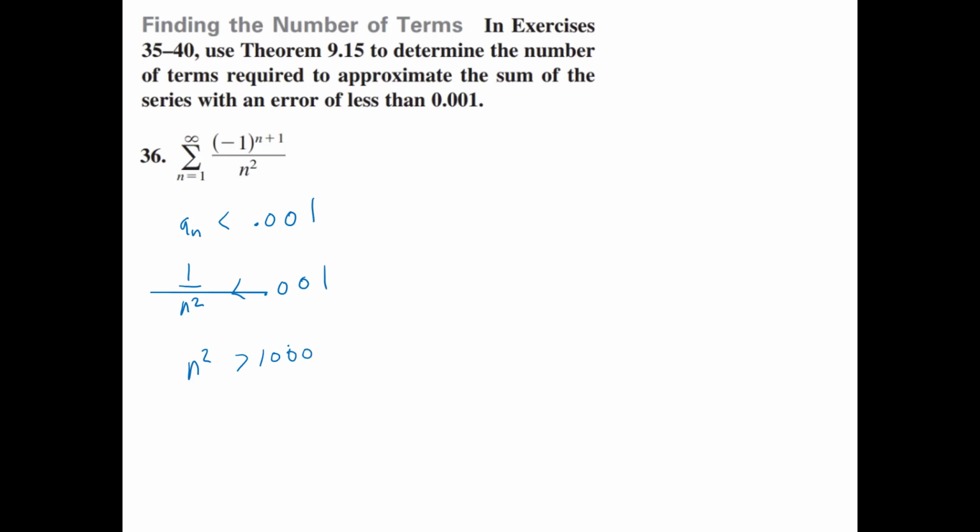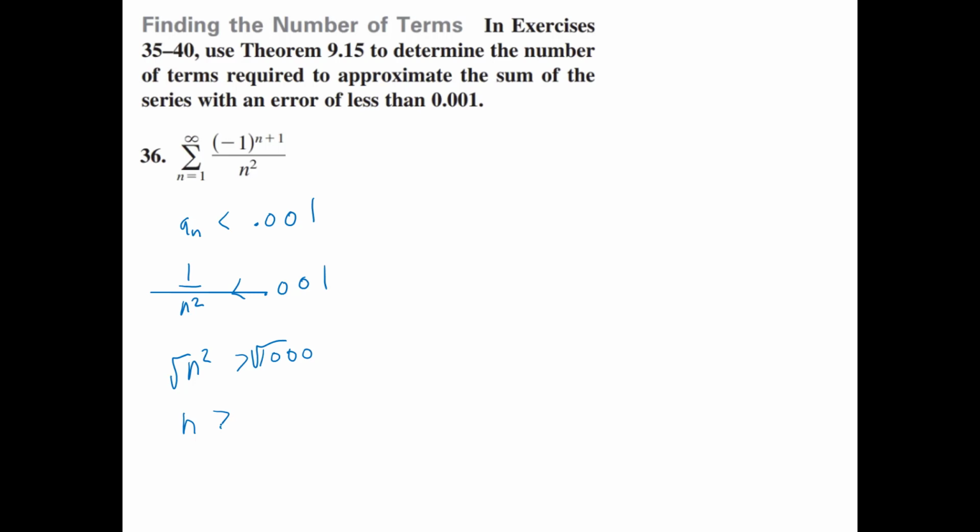And then if we square root both sides, because the square root is an increasing function, this preserves the inequality. So on the left we get n, and on the right we get the square root of 1,000, which is 31.6.